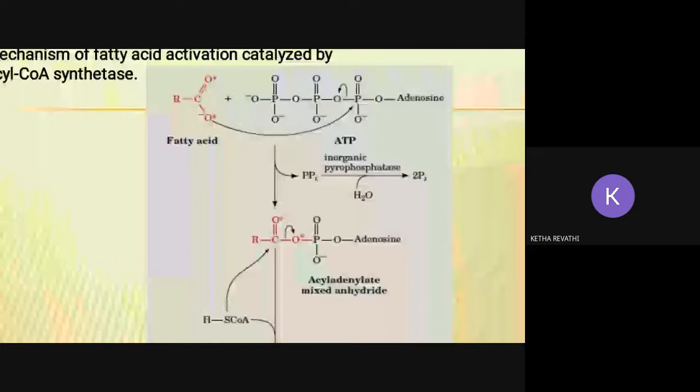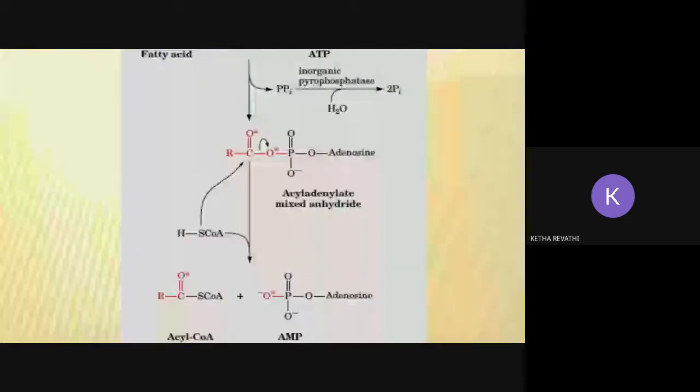This fatty acid combines with ATP, adenosine triphosphate, giving rise to an intermediary compound plus pyrophosphate. That intermediary compound is called acyl adenylate mixed anhydride. Already I told you yesterday.